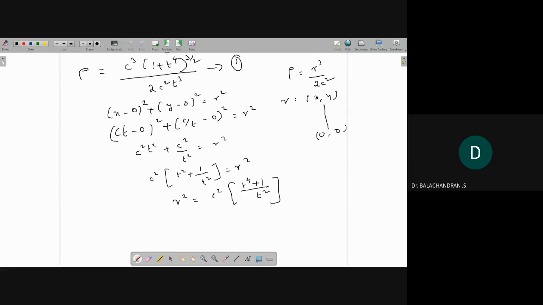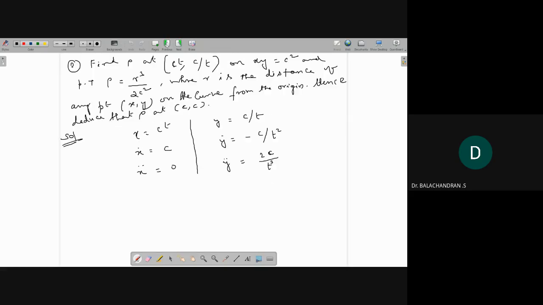But the question they are asking in terms of r, in terms of r. The first part is find rho in terms of t, that is finished. Next, we need to find rho in terms of r, where r is the distance of any point x comma y on the hyperbola from the origin 0 comma 0.